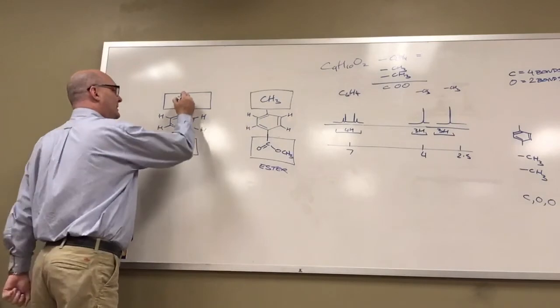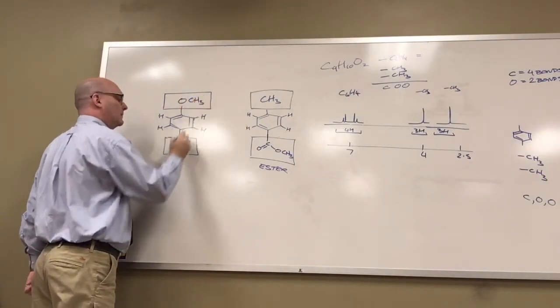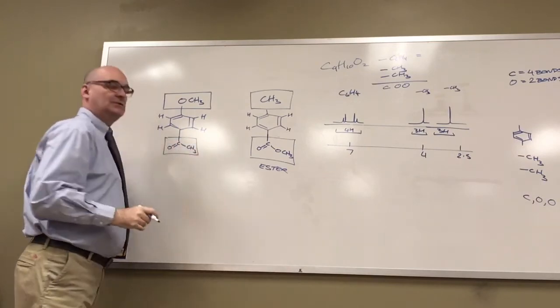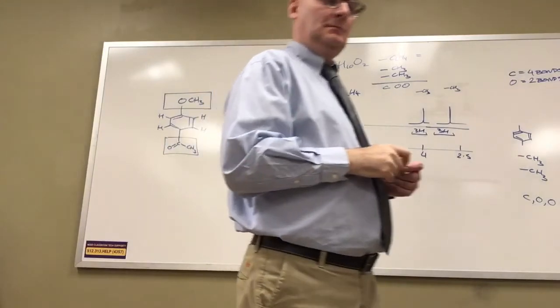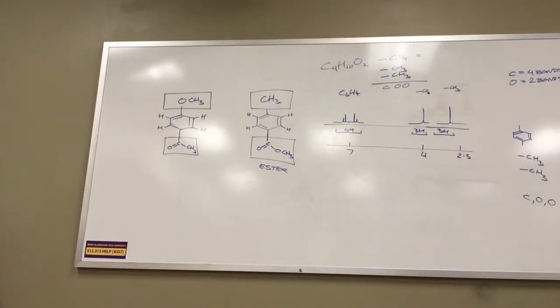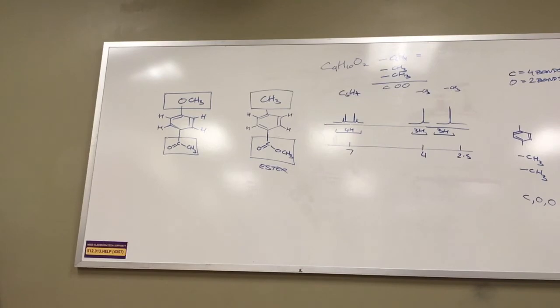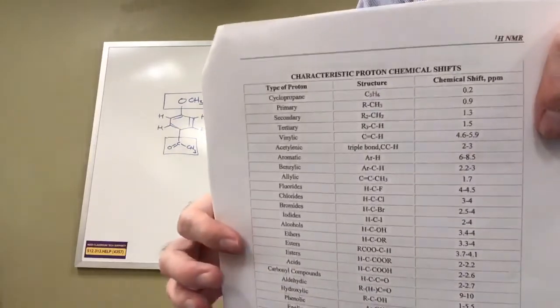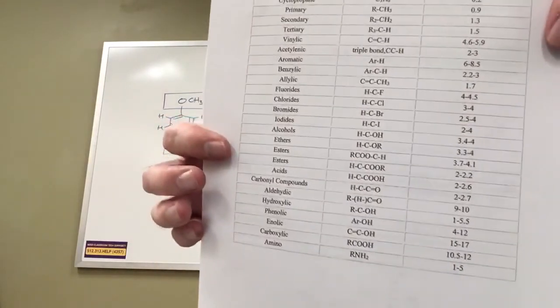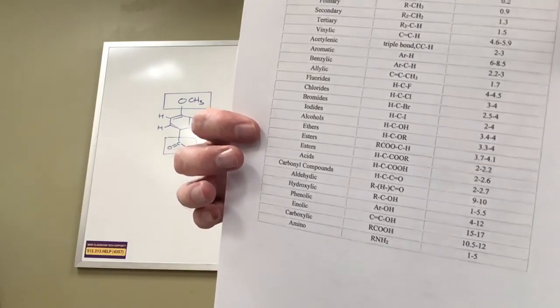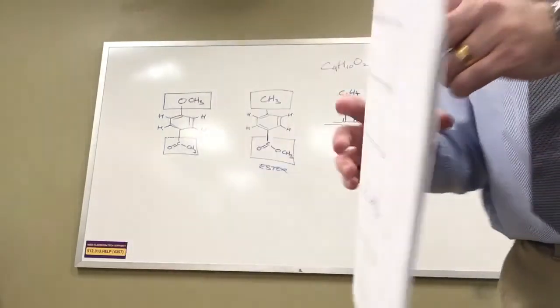The other possibility is this. And the way to know what it is and what it is not is to look at the correlation table and figure out where would an ester show up, and then where would a toluene show up.